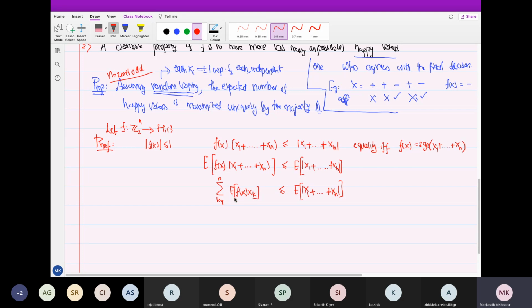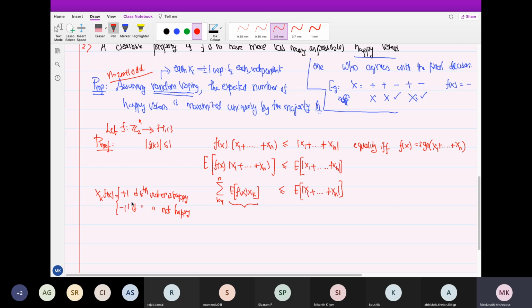So what is f(x) times xk? It is plus 1 if the kth voter is happy, and minus 1 if the kth voter is not happy. So it's really the indicator that the kth voter is happy minus the indicator that he or she is not happy.